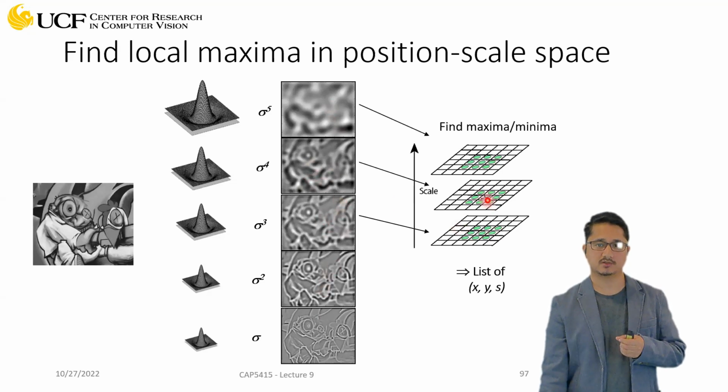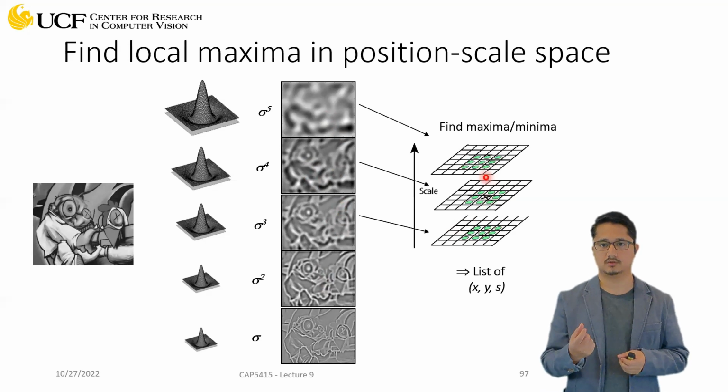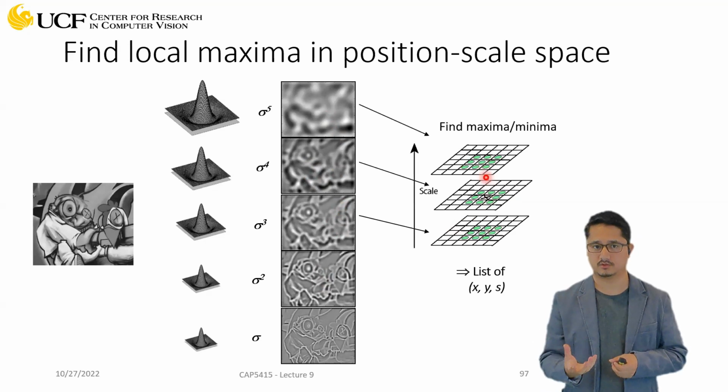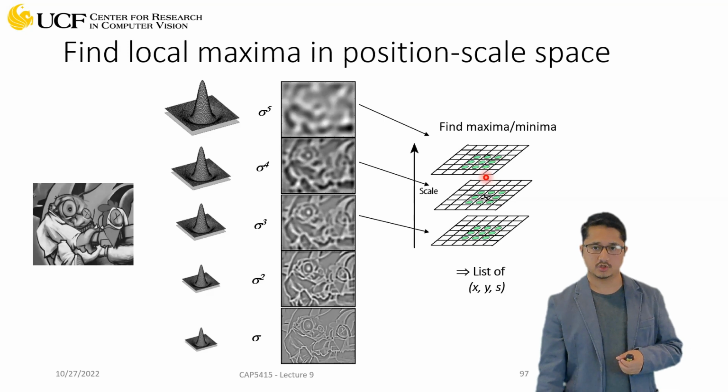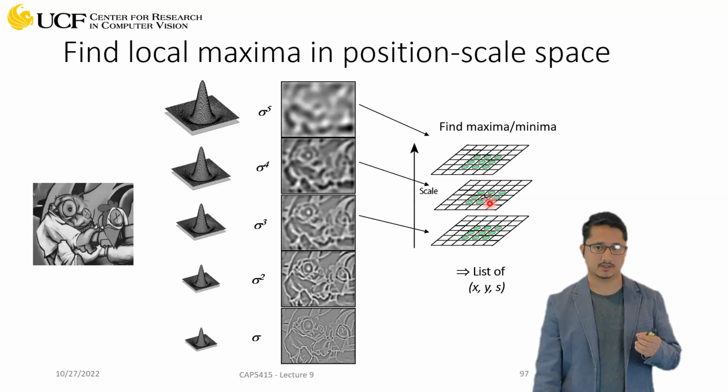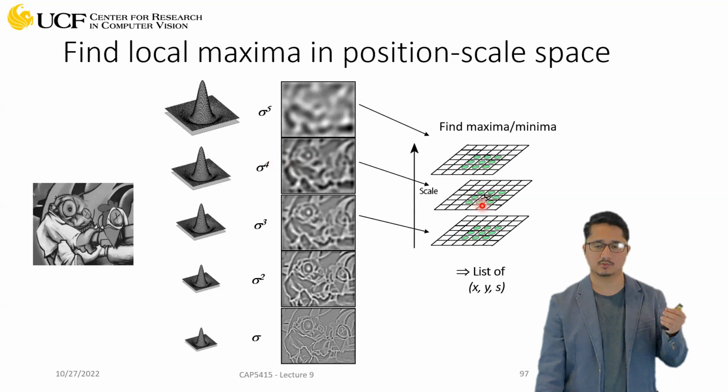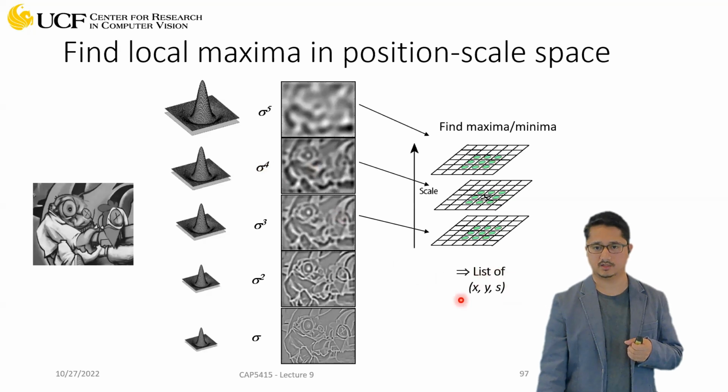For each pixel, you see if it's a maximum or a minimum. If it's a maximum or minimum, you say that's your key point, and that's what you are interested in. You will record the XY location of that pixel, and also the scale it was coming from. For example, for this pixel, if it is a maximum or minimum, we'll have its XY location, and we'll have scale as 4. That's the 3rd parameter. And this is all we need.